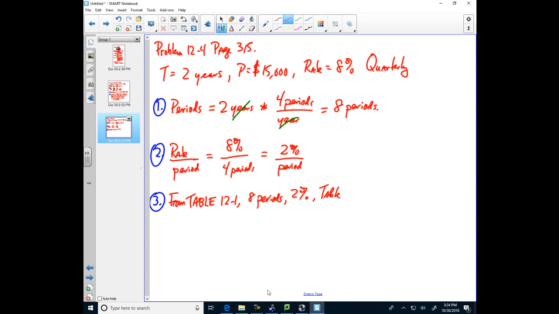We're looking for the table factor, and you can find that in the book or online. 8 and 2, what'd y'all get? 1.1717. That's what I got. 1.1717. Let me make that a little prettier.